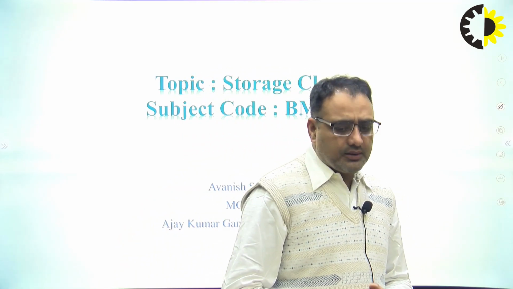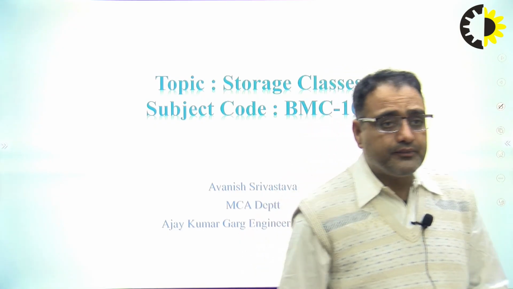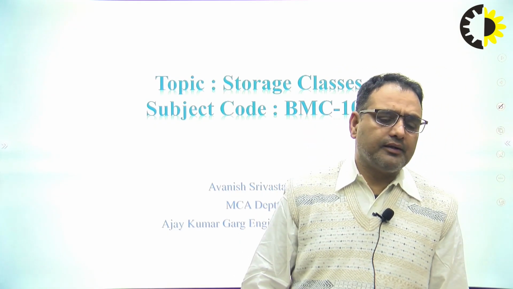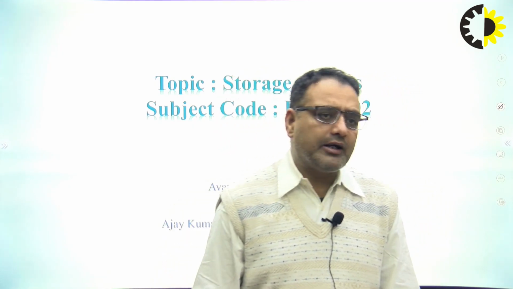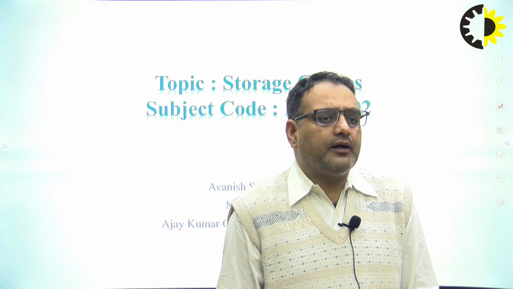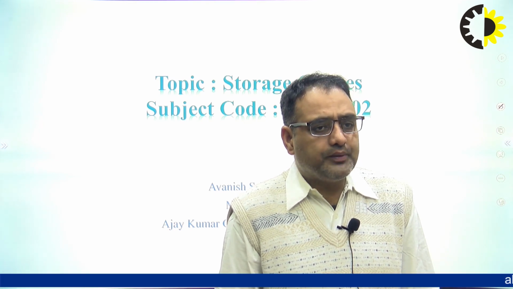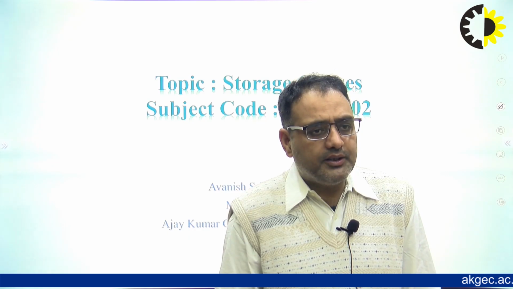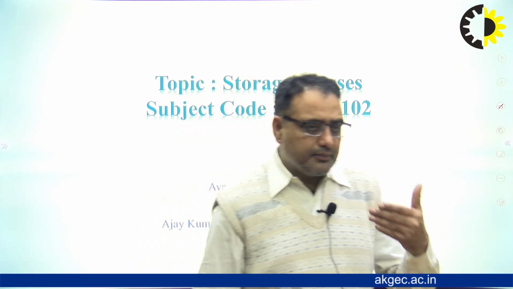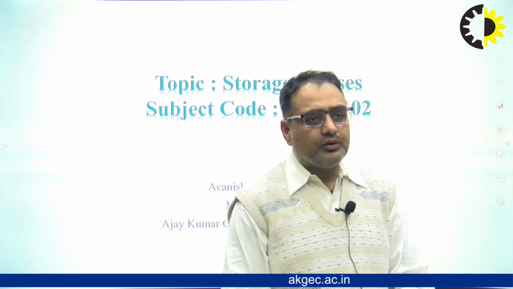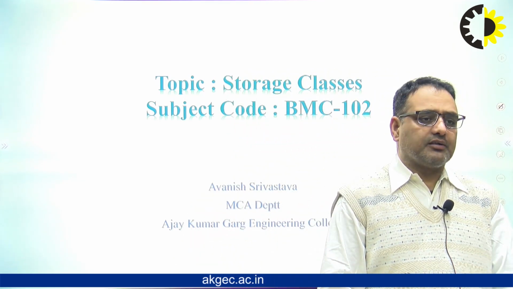So different types of variables which we are using in a programming environment, on the basis of their life, scope and visibility, we can discriminate on these parameters into 4 categories: auto, register, static and extern.